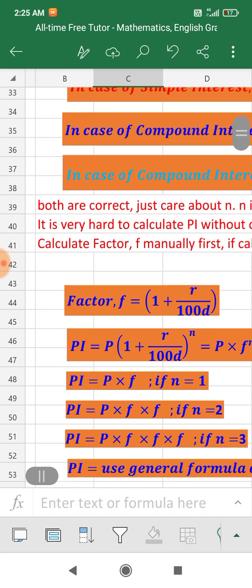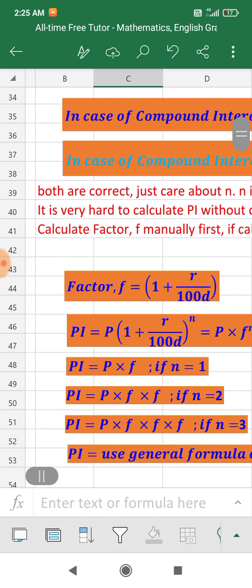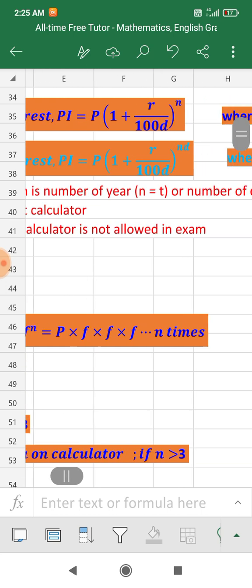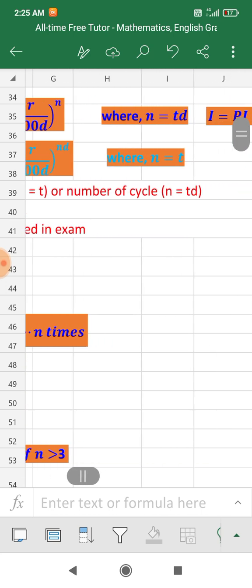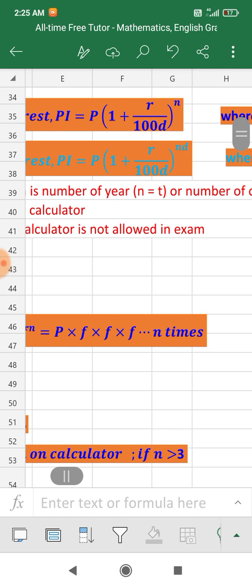It is very difficult. But if it is not allowed in your exam, then you have to use some trick to calculate such large values.